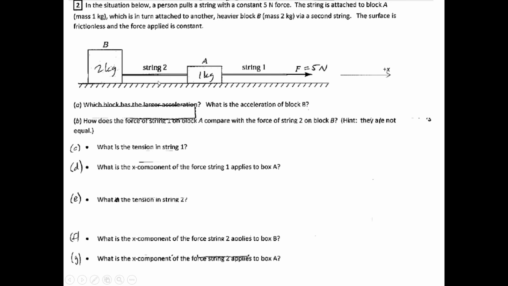This string, we're going to assume, I guess I should have put it in my string slide, that these strings are never stretchy either. They're not allowed to stretch at all. They only have a certain fixed length to them. So when these objects A and B start moving, they're always moving kind of as a unit. In other words, at every time they have the same velocity. Now that velocity is changing as time goes on, but the rate of change of the velocity is the acceleration.